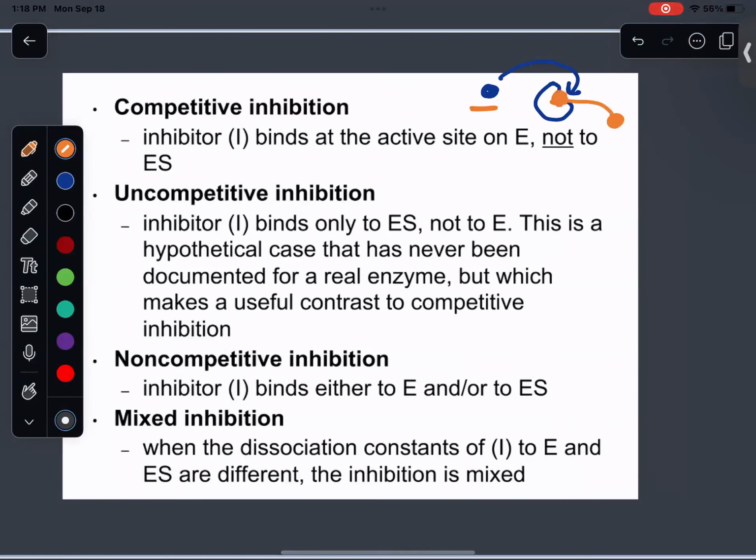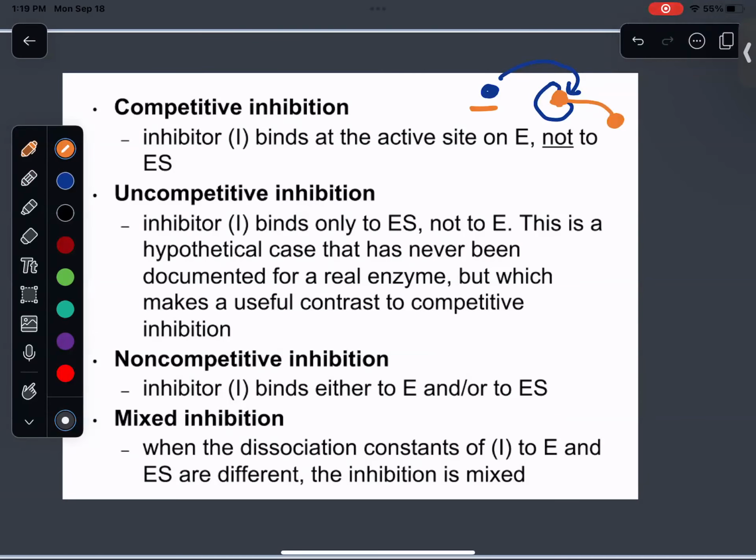So now this poor dude over here can't get in. That's the basic idea of competitive inhibition. Again, it's going to be a little basic in the beginning, but I promise you it'll speed up as we go.